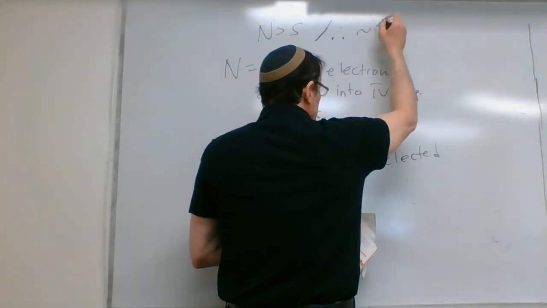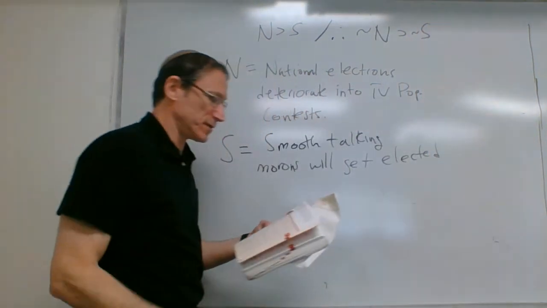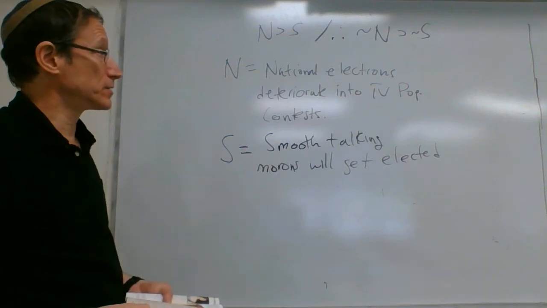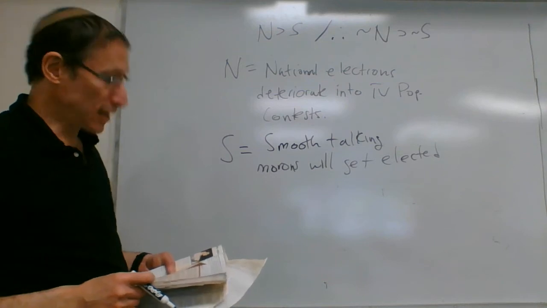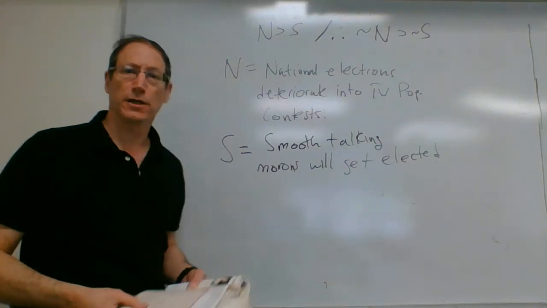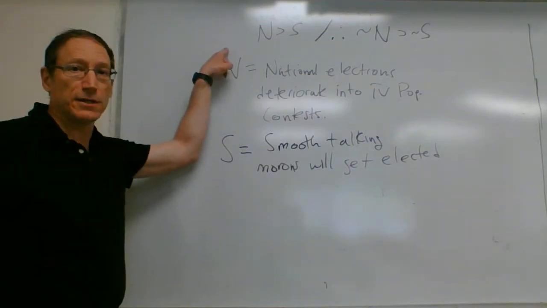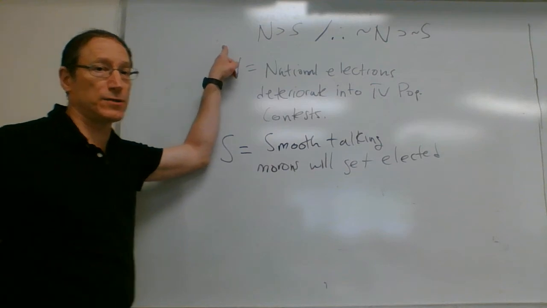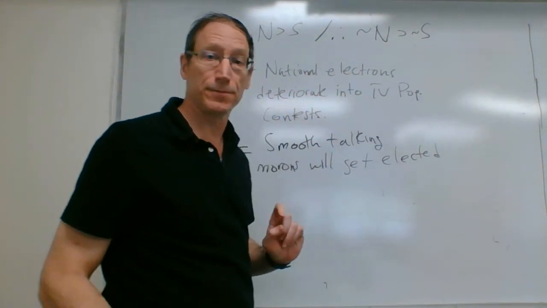We have not N, horseshoe, not S, right? If it's not the case that national elections do deteriorate into TV popularity contests, then it's not the case that smooth-talking morons will get elected. So that is the argument in symbolic language. There's one premise, N horseshoe S, and the conclusion is tilde N horseshoe tilde S.